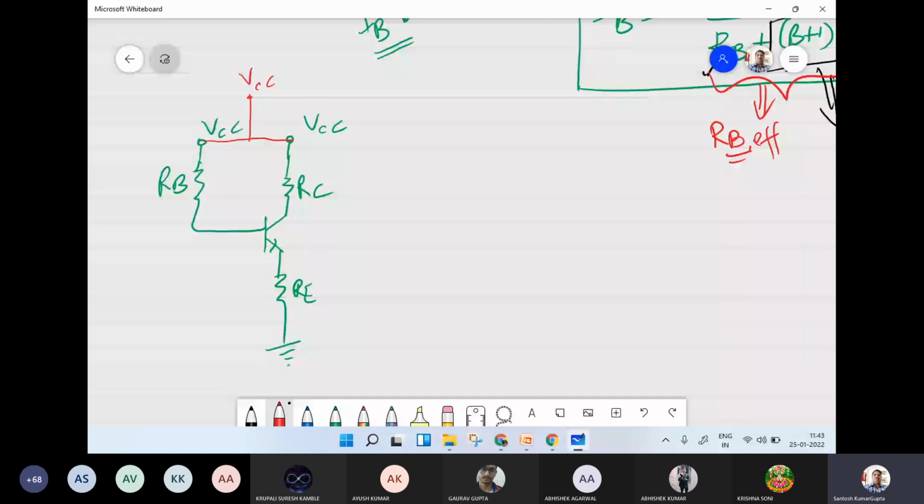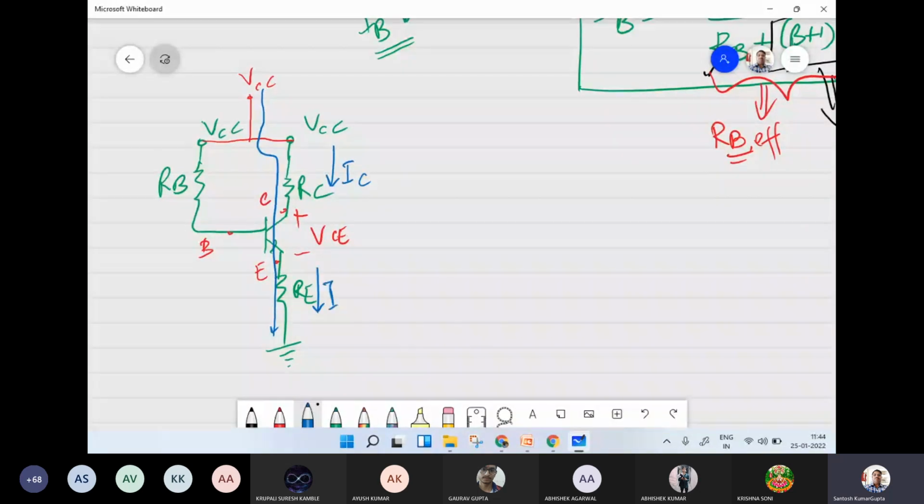Let us say that the voltage across collector and emitter is VCE, and then we apply the KVL in this loop. Again, we can see that the collector current is IC, whereas the current through the emitter will be IE.